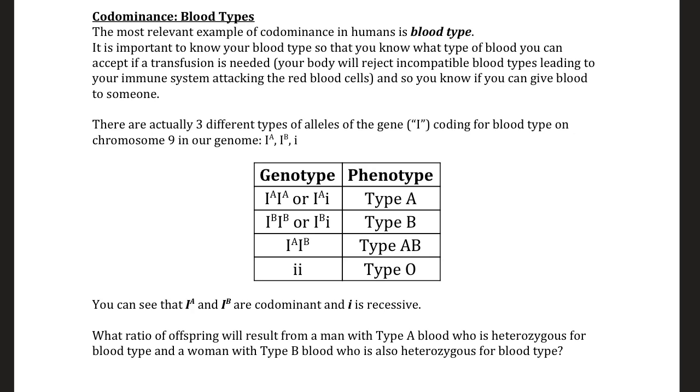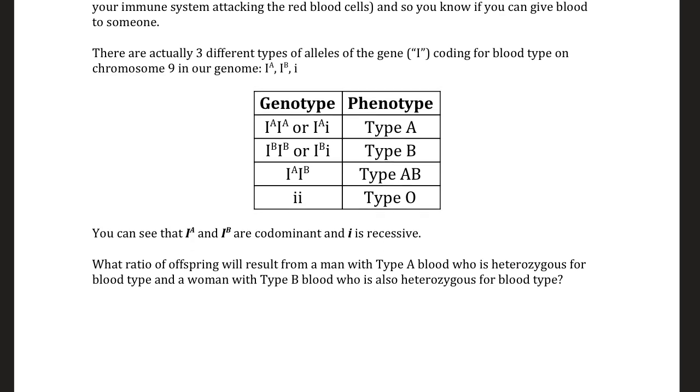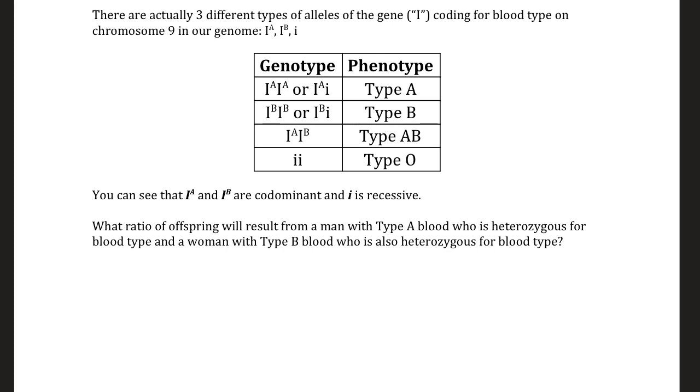Now it says here the most relevant use of codominance, or most relevant for us where it appears, is blood types. So there's actually 3 types of alleles when we're talking about blood type. And it shows in this chart here. For blood type, there's IA, IB, or little i.